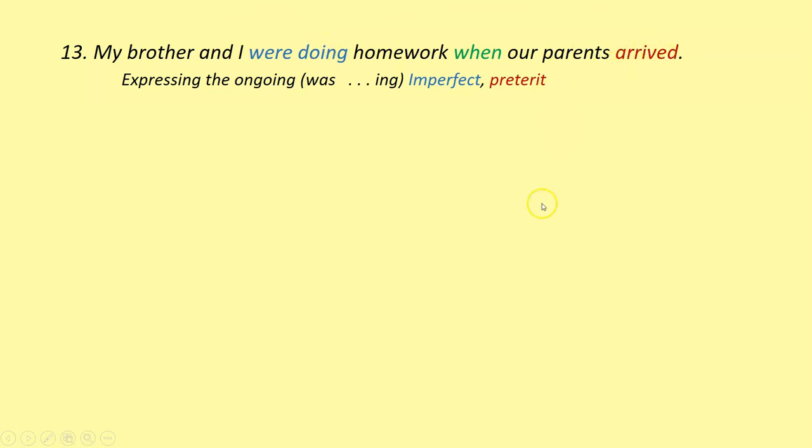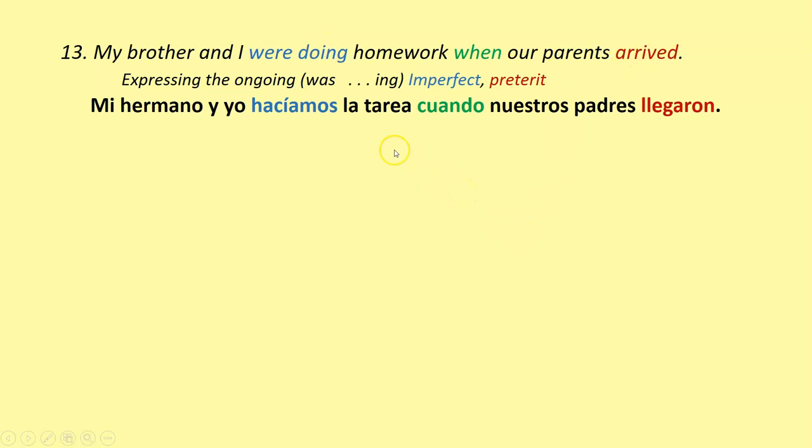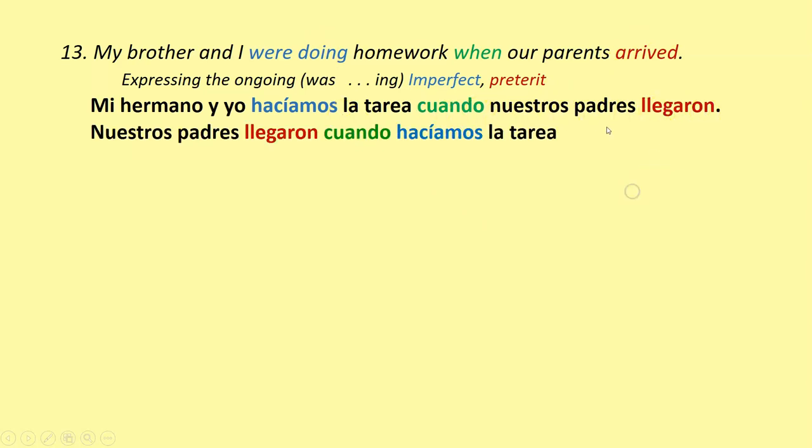This should be in the preterite. Mi hermano y yo hacíamos la tarea cuando nuestros padres llegaron. We can switch the order of these sentences and we can say nuestros padres llegaron cuando hacíamos la tarea. Still, you are going to keep this verb in the preterite and this one in the imperfect.